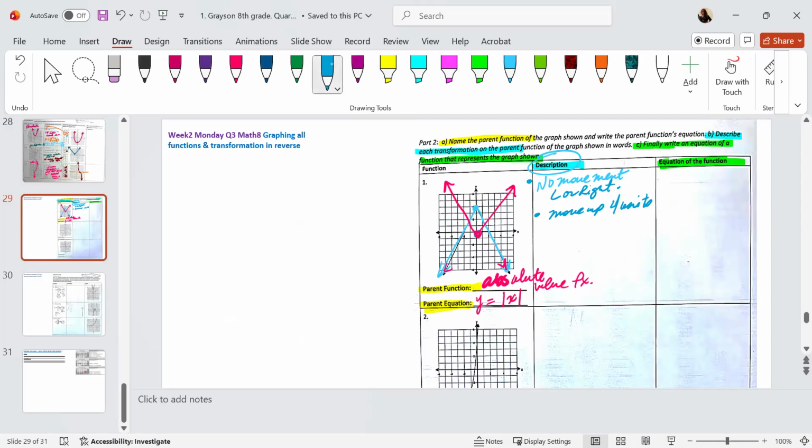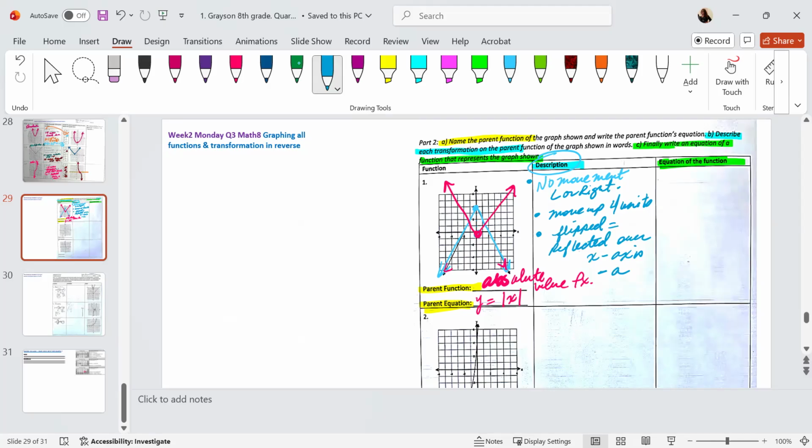So write that down. And then didn't it also look like it got flipped? When it's flipped, what is that called? Reflected over which axis? Which means it's a negative a. Does that make sense? Okay. That's all you have to do for that part.